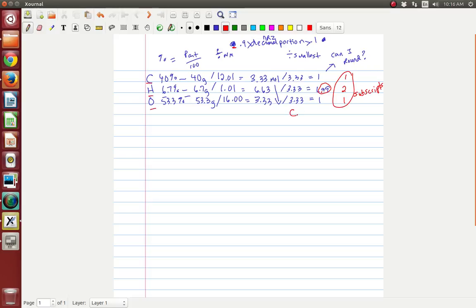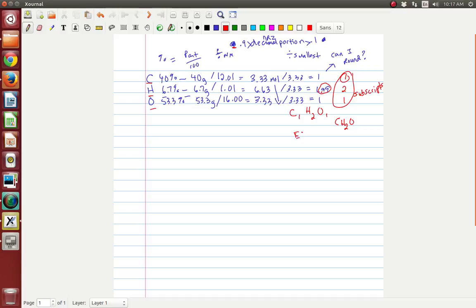So this becomes C with a subscript of 1, H with a subscript of 2, and oxygen with a subscript of 1. Now remember though, in chemistry we don't have to write the subscripts if it's a 1, so it's just CH2O. That would be the empirical formula.